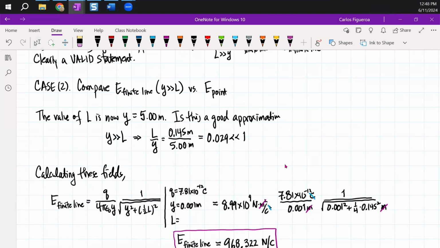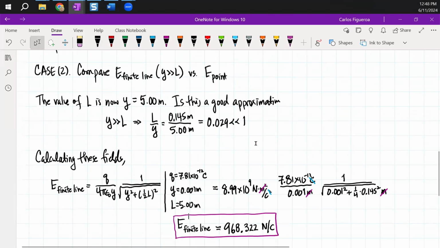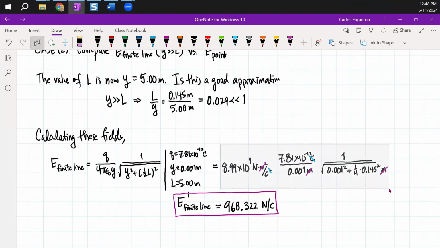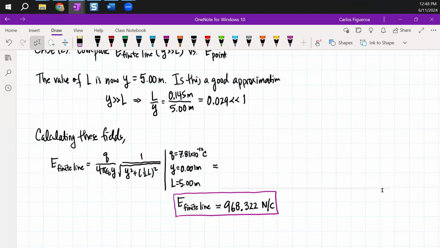This here is now 5 meters. Since we've already done the calculation, I'm not going to do it again. I'm just going to punch everything in, and this is what I get here. I get that this field is 2.808 millinewtons per coulomb.